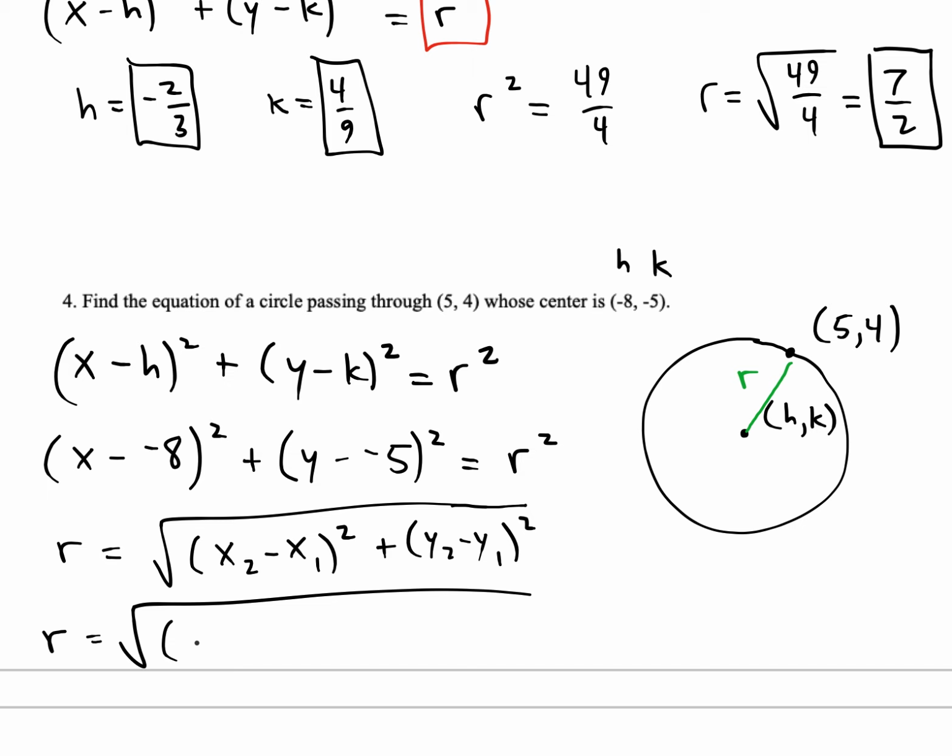So our r will be the square root of (4 minus -5) squared plus (5 minus -8) squared.